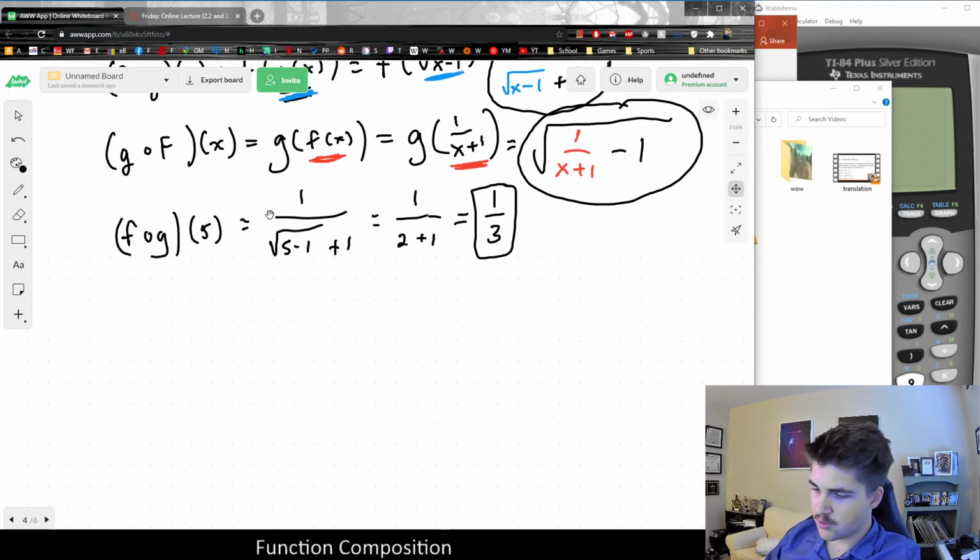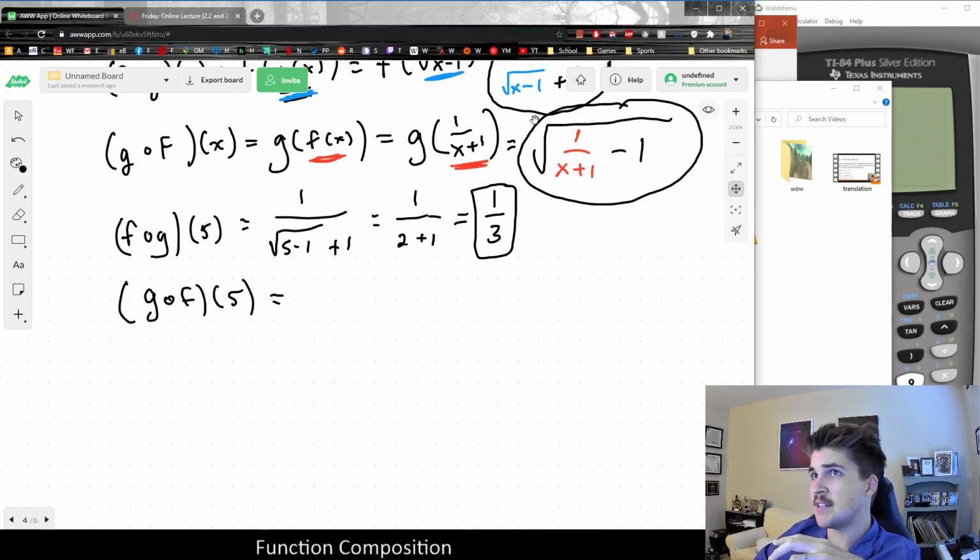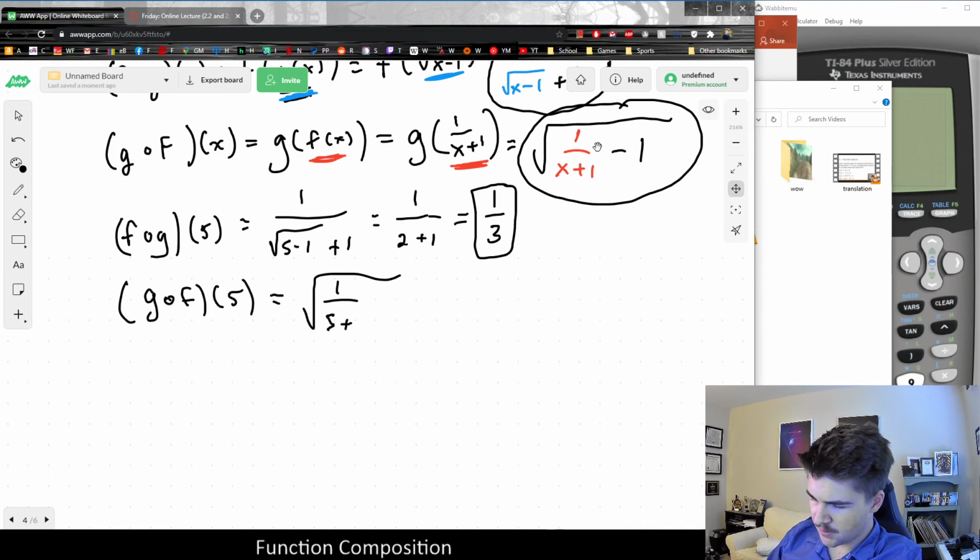And if we were to reverse the order that we composed them in, I would have g circle f of 5, which would just mean plugging 5 into here, which would be the square root of 1 over x, with x being 5, plus 1, then minus 1.